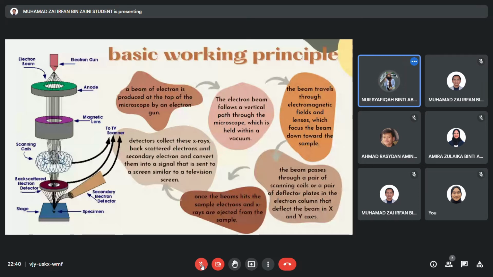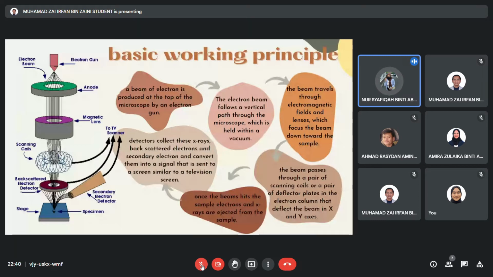A beam of electrons is produced at the top of the microscope by an electron gun. The electron beam follows a vertical path through the microscope, which is held within a vacuum. The beam travels through electromagnetic fields and lenses which focus the beam down toward the sample. The beam passes through a pair of scanning coils or a pair of deflector plates in the electron column that deflect the beam in the X and Y axes.